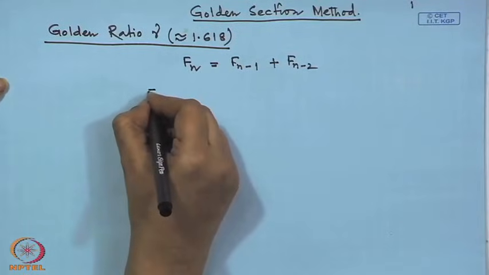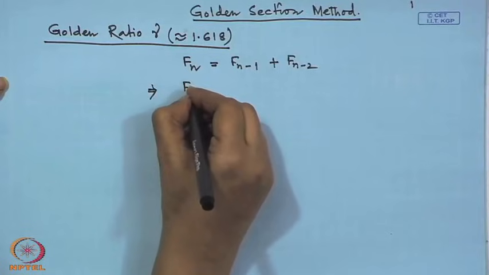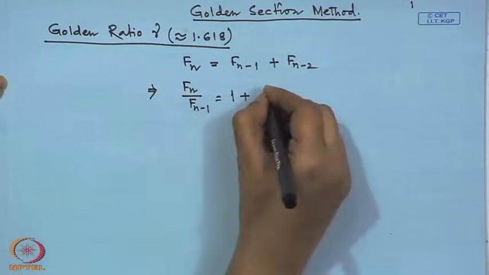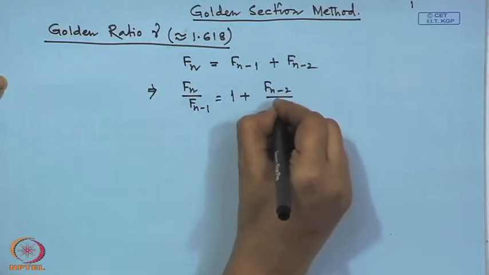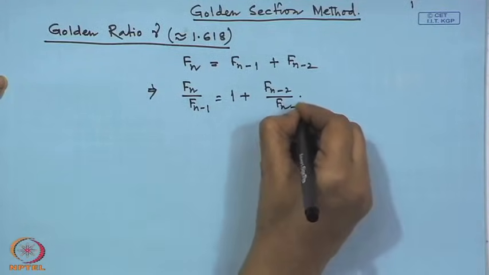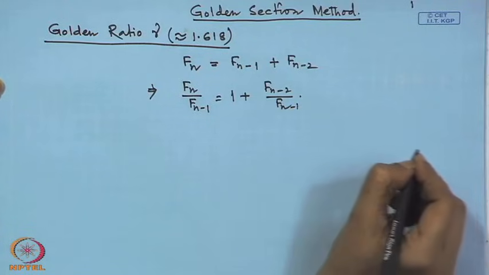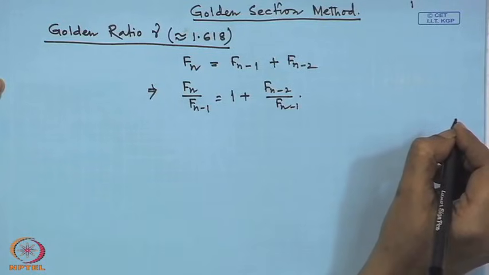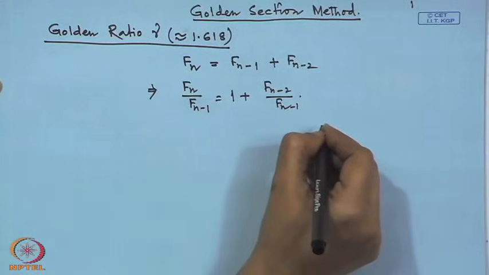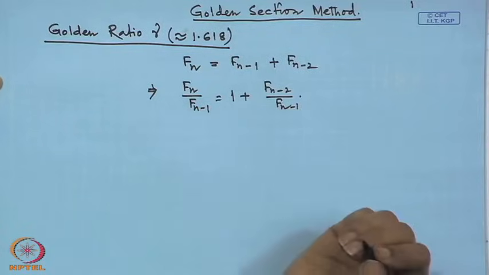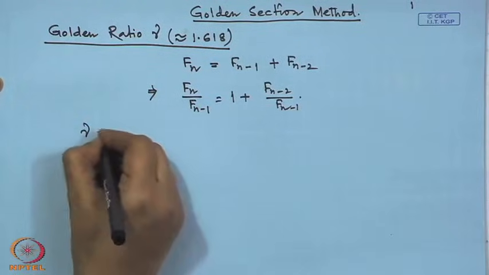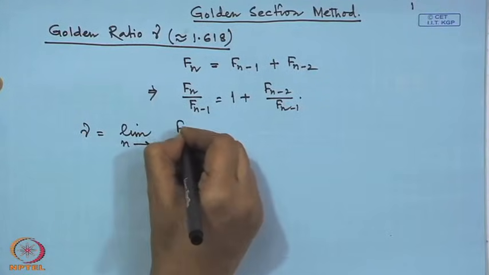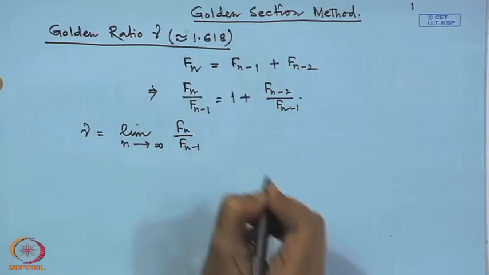Then if we divide both sides by Fn minus 1, we get Fn divided by Fn minus 1 is equal to 1 plus Fn minus 2 divided by Fn minus 1. And as I said, we are ready to do a large number of experiments, and we will get the ratio from this equation by taking the limit n tending to infinity, and by considering gamma equal to the limit n tending to infinity of Fn by Fn minus 1.